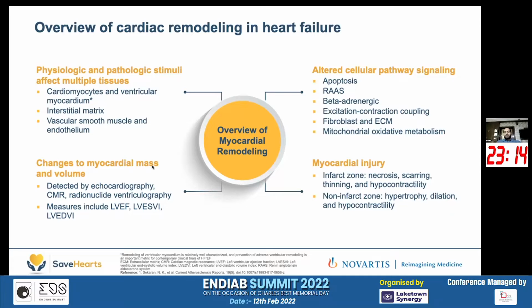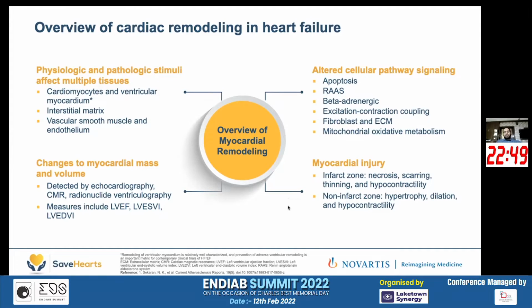So once we have LV dysfunction, there is a reduction in the LV mass, and there's also an increase in the LV volume because of the retention of blood inside the cavities. So when you have LV dysfunction, there is an increase in the left ventricular end systolic volume index and the end diastolic volume index, along with a reduction in the left ventricular ejection fraction.